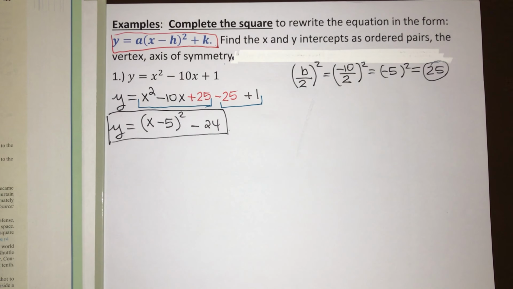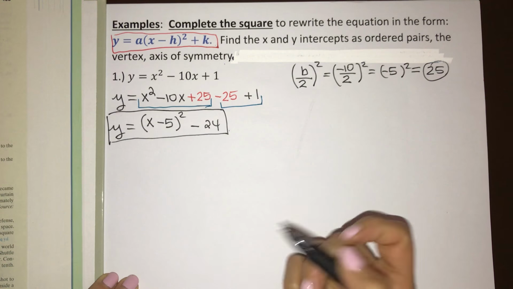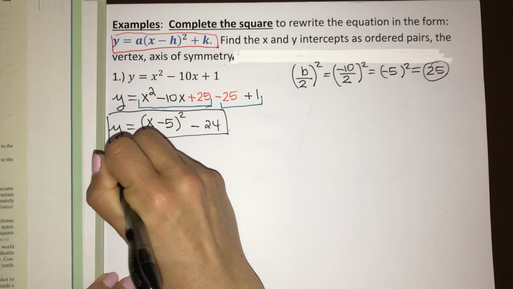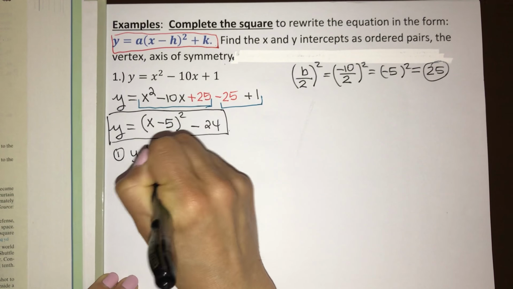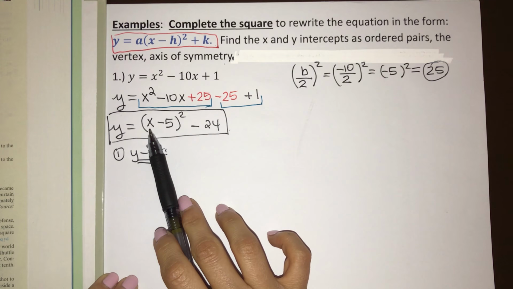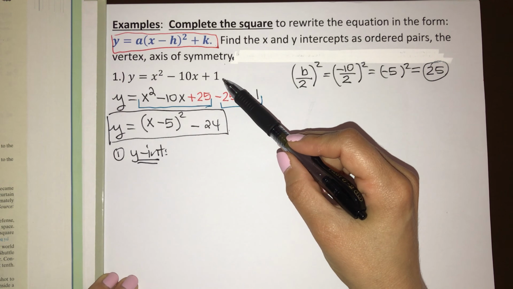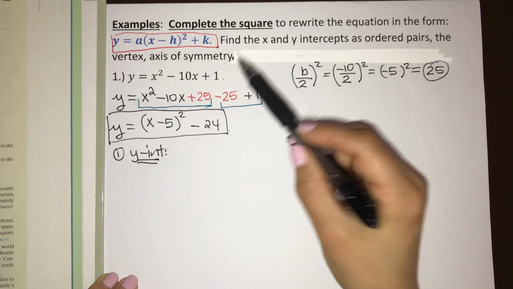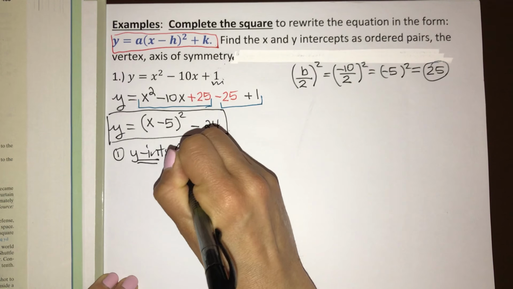So now let's find the x and y intercepts. By the way, this parabola opens up. Let's do the y-intercept first. You can get the y-intercept by substituting 0 for x, but since I have this equation here, if you go back to the first video, this number, 1, that's your y-intercept, so we could use what we learned before.